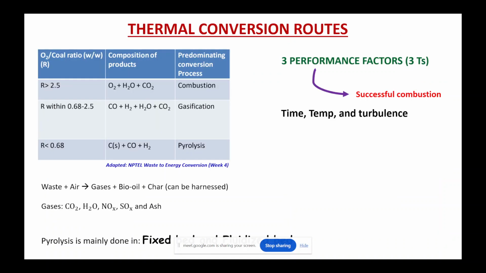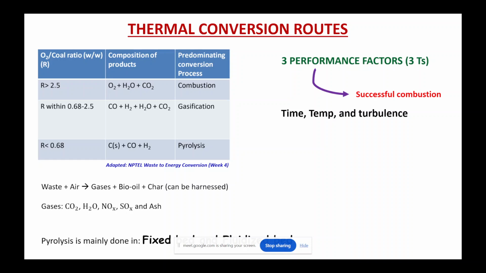I hope all of you are very familiar with this table by now. As I said even in the Friday session, we will be using this table until we finish the thermal conversion process. In the last two sessions, we completed our discussion on combustion and gasification.